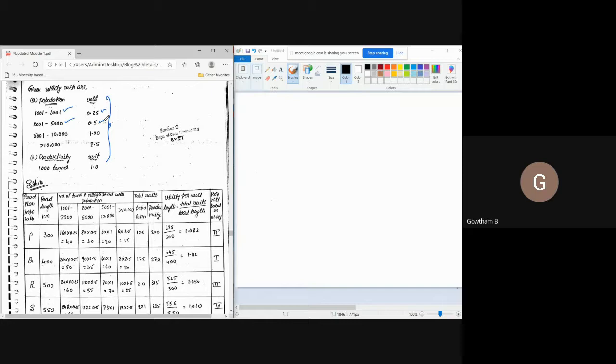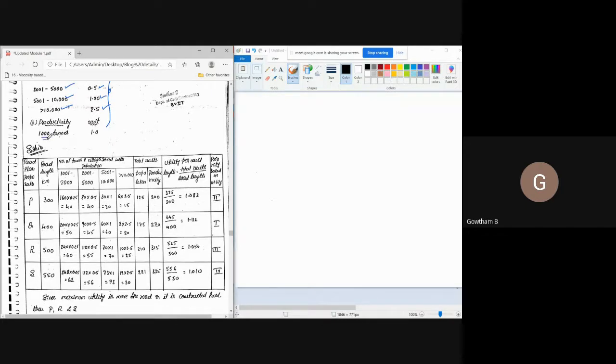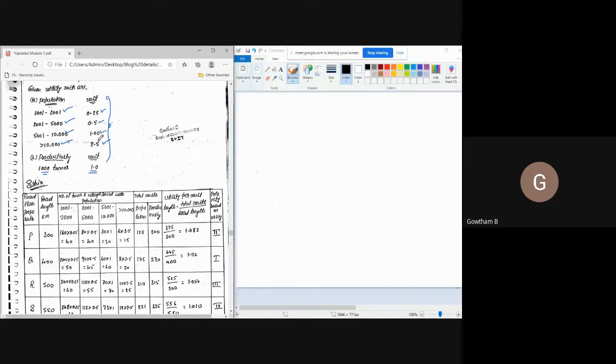If the population range is 5000 to 10,000, utility unit is 1. If the population is greater than 10,000, utility unit is 2.5. Coming to productivity unit, 1000 tons of agricultural or industrial product is equal to 1. By using these utility units, now we will solve the problem.